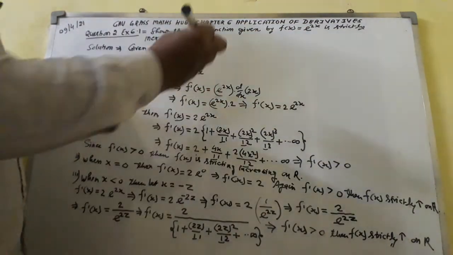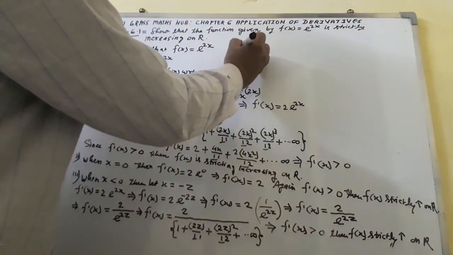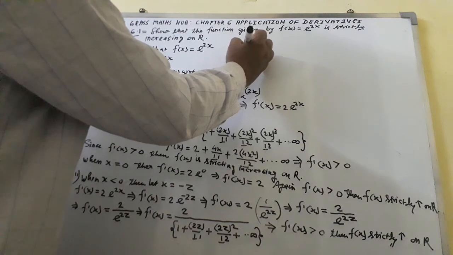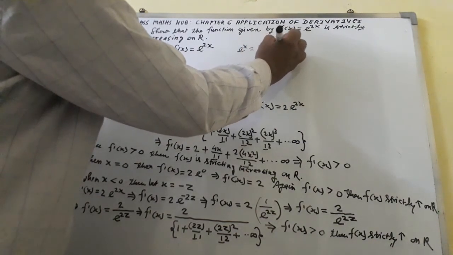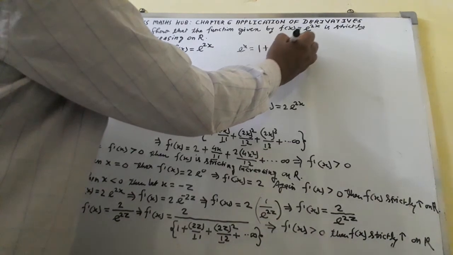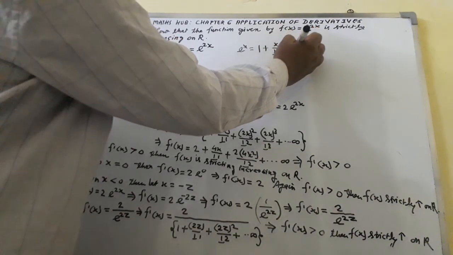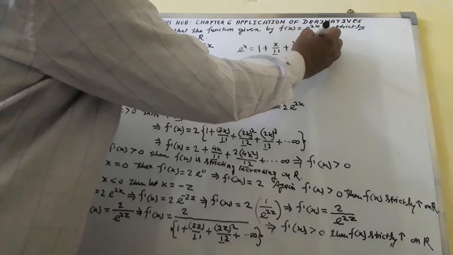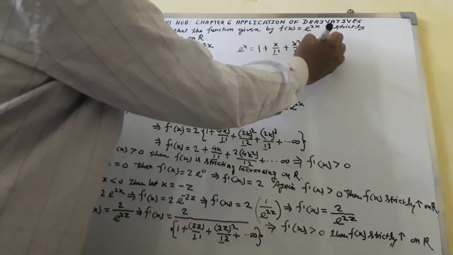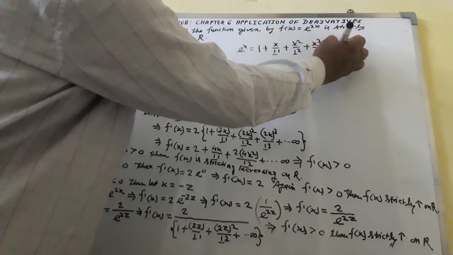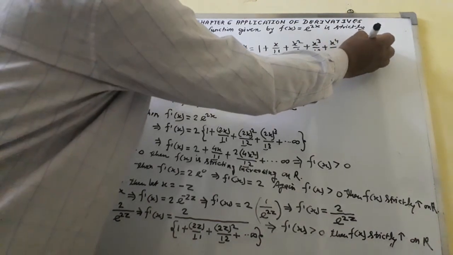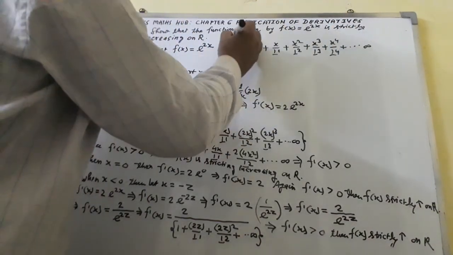Here I have used the formula e raised to the power x equal to 1 plus x over factorial 1 plus x square over factorial 2 plus x cube over factorial 3 plus x raised to power 4 over factorial 4 dot dot up to infinite. So this is the formula.